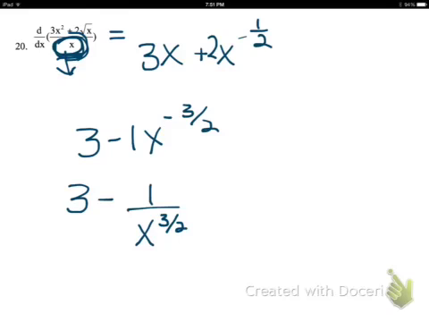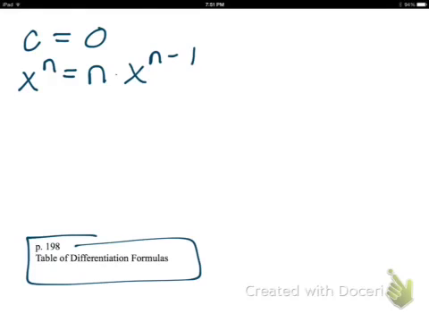There's your derivative. Okay, last thing I have, a table of your formulas so far. Really, it just talks about the derivative of a constant. The derivative of a constant c is what? 0. The derivative of x to the n is n times x to the n minus 1. The derivative of e to the x is e to the x.